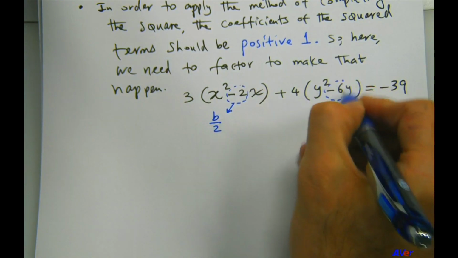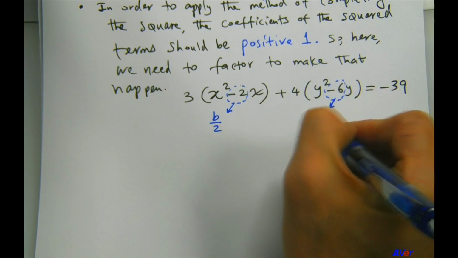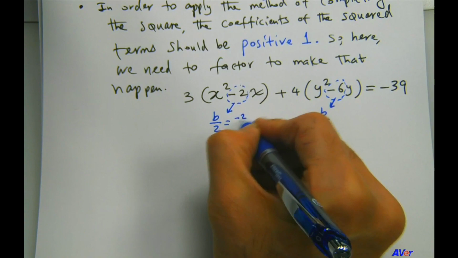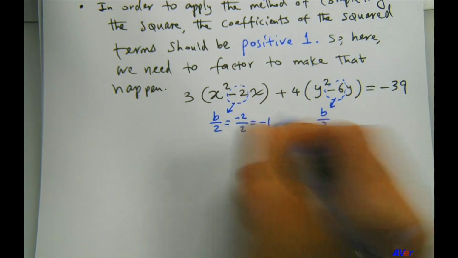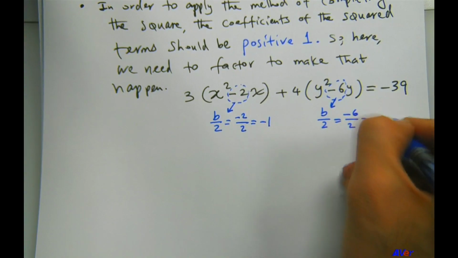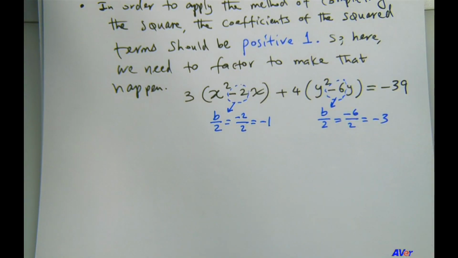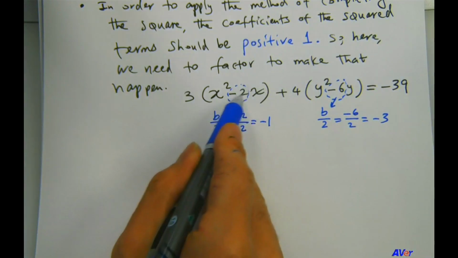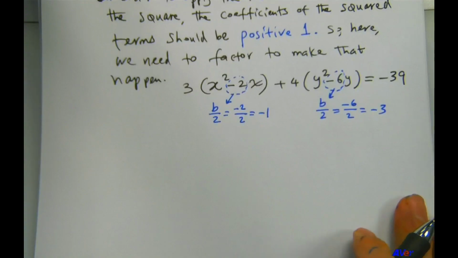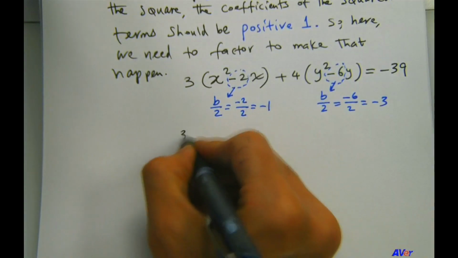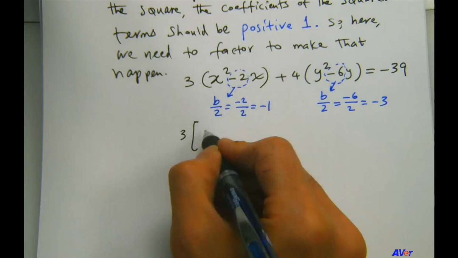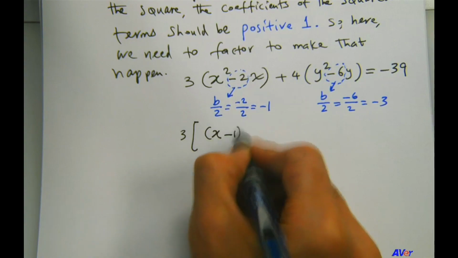In this case, that would be equal to minus 2 divided by 2, which is negative 1. Here it would be minus 6 over 2, which is minus 3, right? As soon as you divide b by 2 and you get this number, then you can complete this square. In this case, we say (x minus 1) squared.